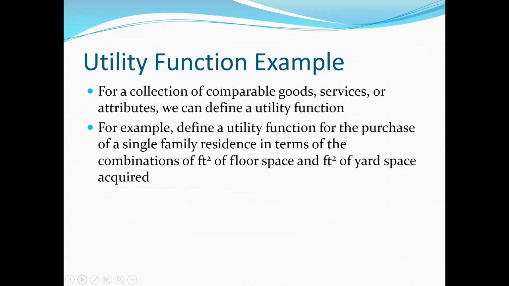If we say something sells for the same price, that means on average, people derive the same amount of utility. Now you have two quantities that are both desirable. In a single family home, both floor space and yard space are desirable. More of floor space, more of yard space, they're both desirable things.